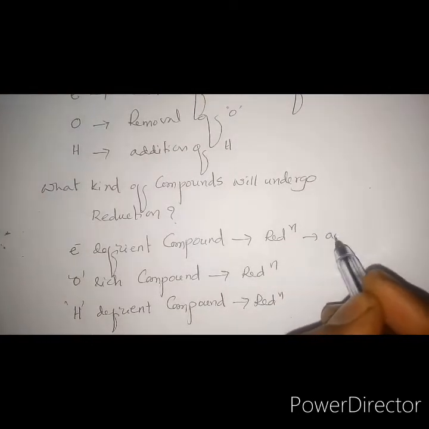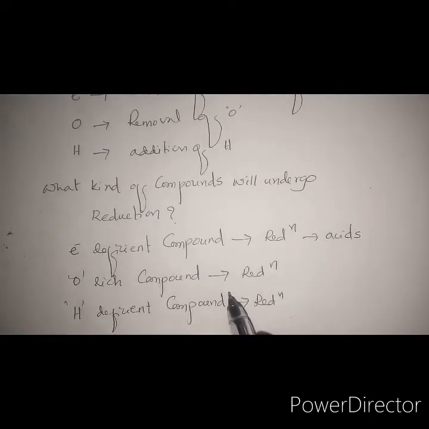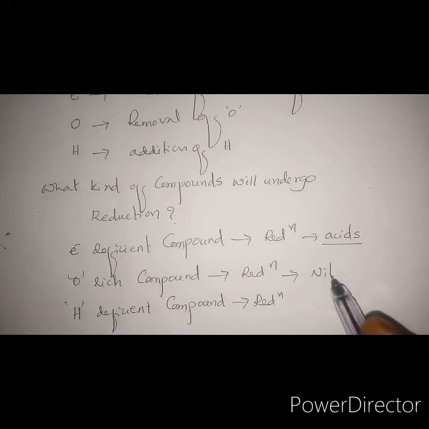In the case of electron deficient compounds, acids such as carboxylic acids are electron deficient, so acids will undergo reduction. These are also oxygen rich compounds. Another example is nitro compounds.